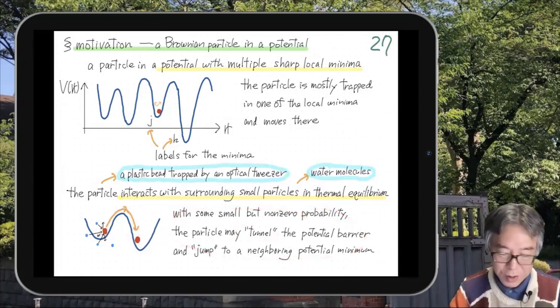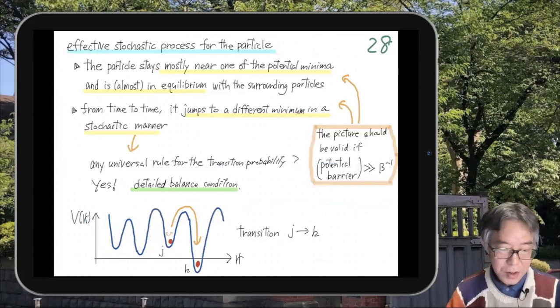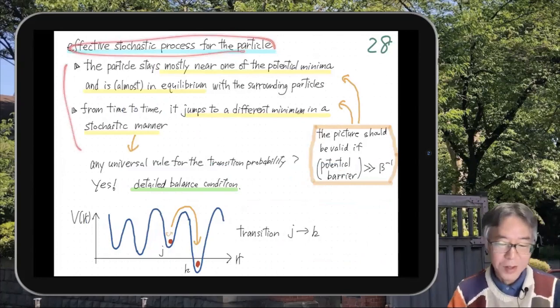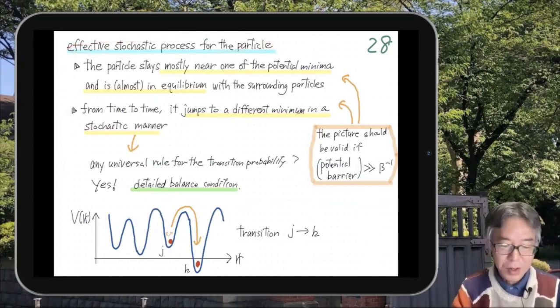What happens in this kind of situation? So this is our assumption. The effective stochastic process for the particle is obtained under this assumption. We assume that the particle stays mostly near one of the potential minima and is almost in equilibrium with the surrounding particles. And from time to time, it jumps to a different minimum in a stochastic manner.